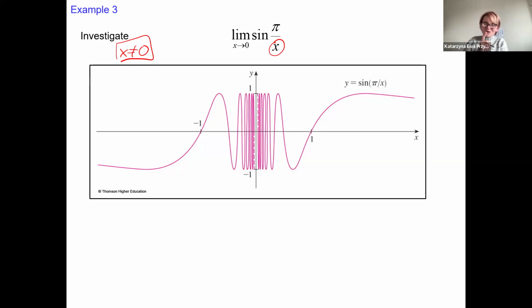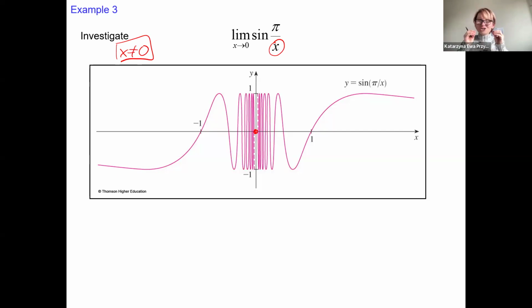So what is the limit? How does this function behave? Is this function approaching something? No, it's never reaching 0. It's always 1 and then -1, 1, -1. If we zoom in, it will be infinitely many times.